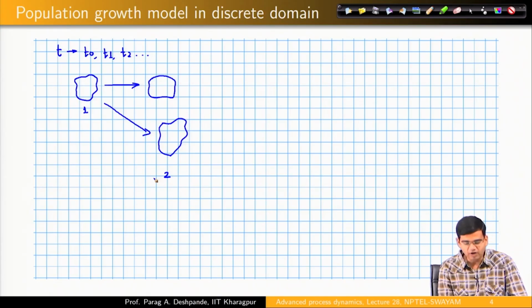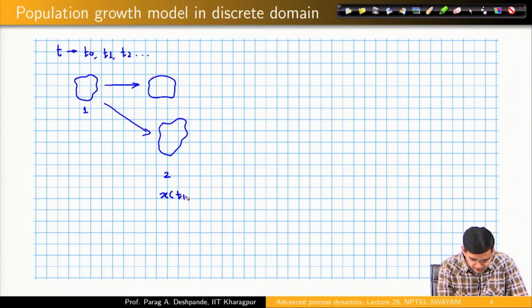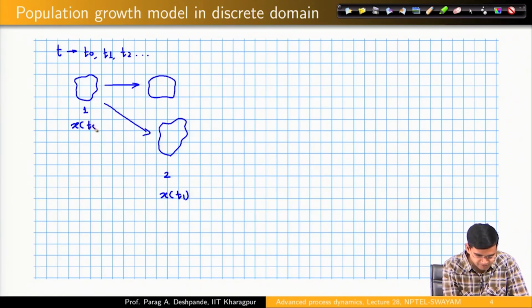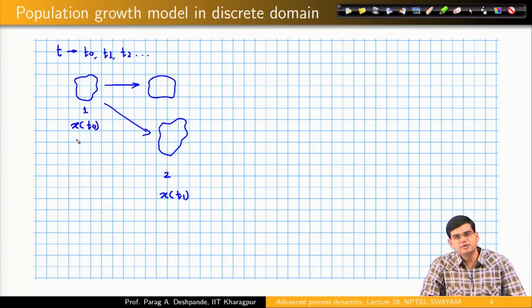So, I had one bacterium, I got 2 bacteria. Why did I get 2 bacteria? It means that the population at t 1, and I can consider this as the population at t 0. So, why did I get the population at t 1 as x t 1? Because I had a certain population at t 0.